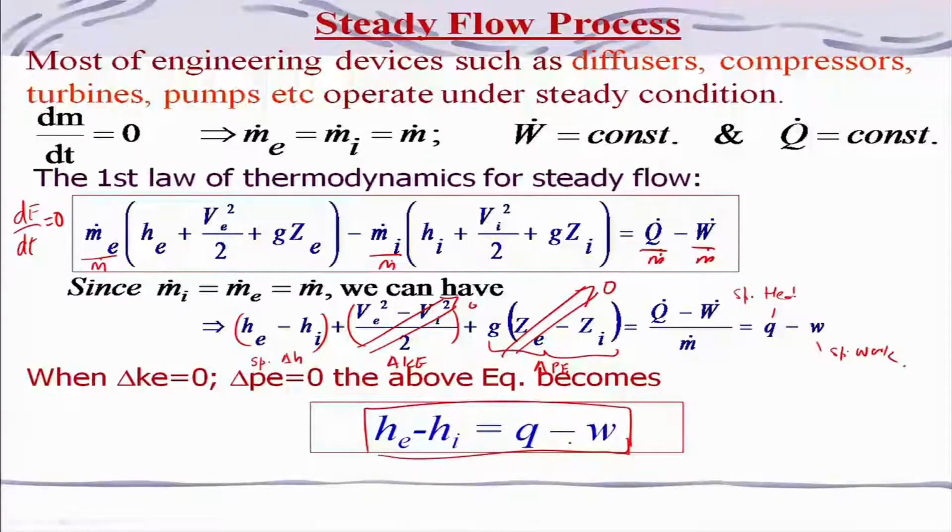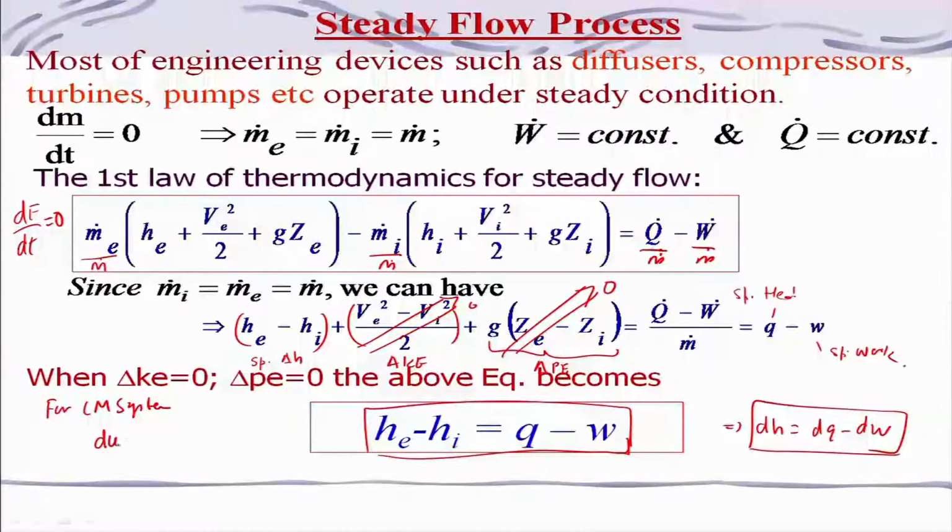Is it similar to the first law of thermodynamics for a control mass system? Yes or no? I can write this as dh is equal to dq minus dw. This equation is similar, right? But the first law of thermodynamics for a control mass system is du is equal to dq minus dw.